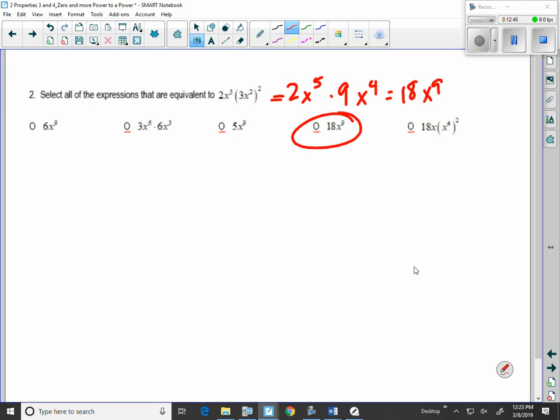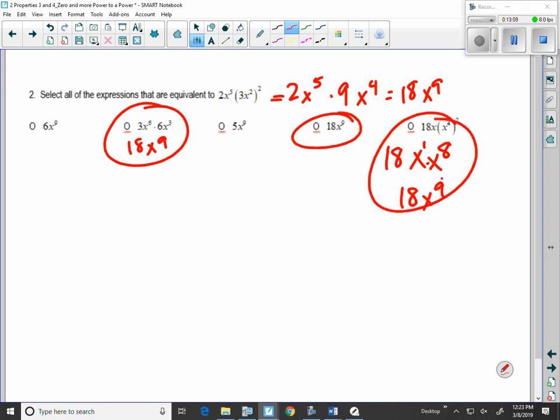Does anybody see any others that can be simplified to 18x to the 9th? Yes, this one would be the same thing. And there's one more. And then this, you would add those two. That one is as well.